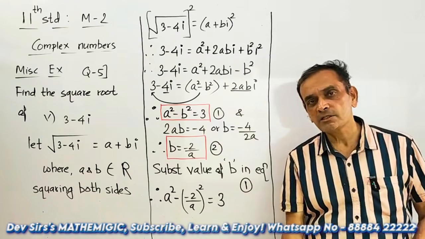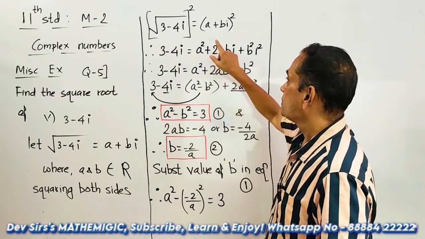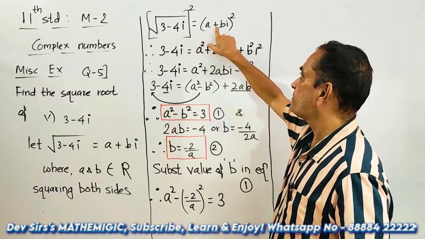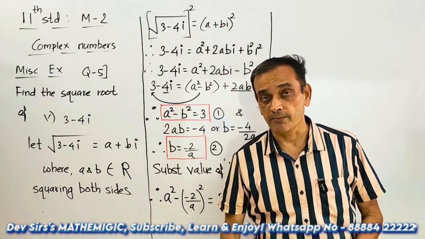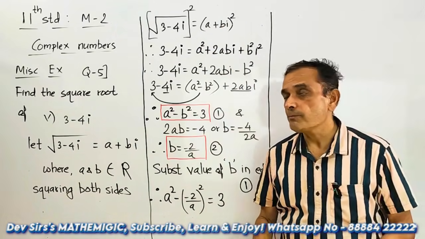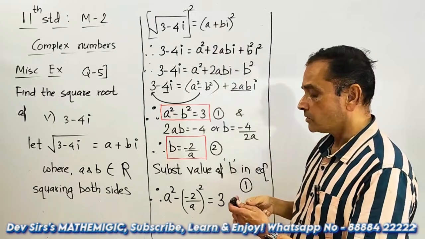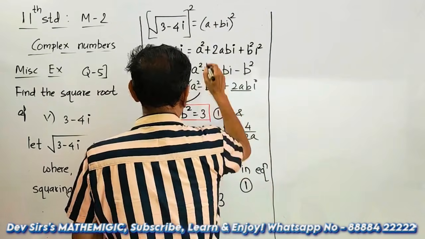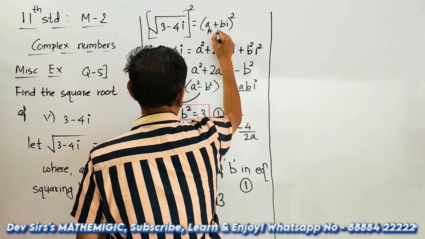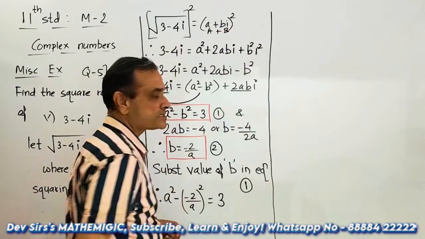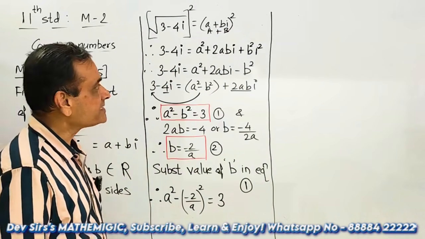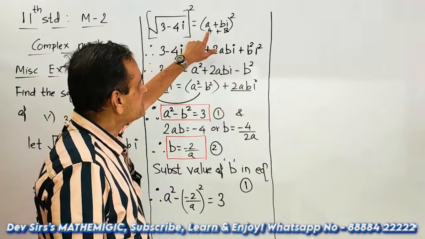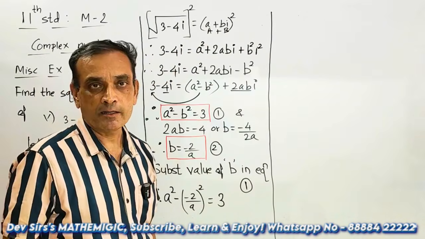Now one more silly mistake that can happen: you may write this as a squared plus b squared i squared. No, it is a plus bi bracket squared. This is your a, this is your bi, bracket squared. So a plus b bracket squared formula क्या है? a squared plus 2ab plus b squared.